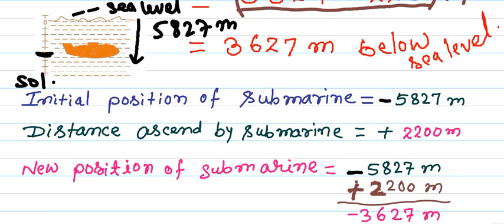Minus plus operation, and the sign will be of the greatest value, right? So we subtract it, we get 3,627 meter, and we put the negative sign, and the negative sign indicates that the submarine now after ascending is 3,627 meter below sea level.